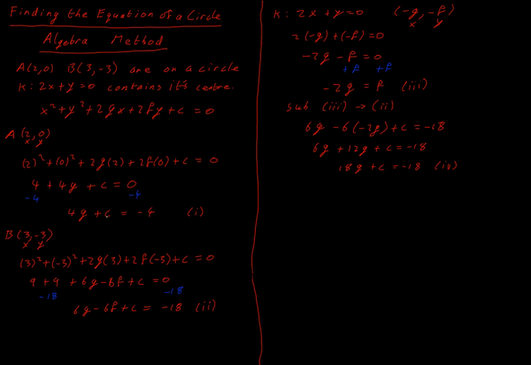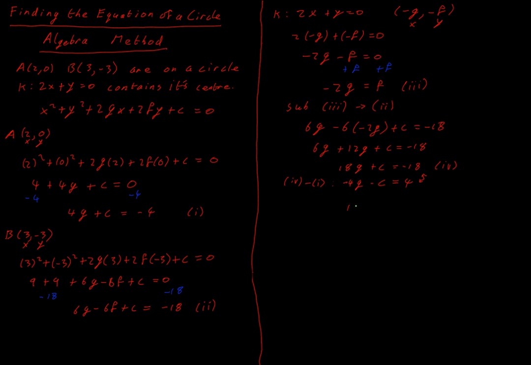So if I subtract equation 1 away from equation 4, I'm going to cancel out my c's and I'll just be left with an equation involving g. So equation 4 minus equation 1 is going to be minus 4g minus c is equal to 4. I add these two equations together.